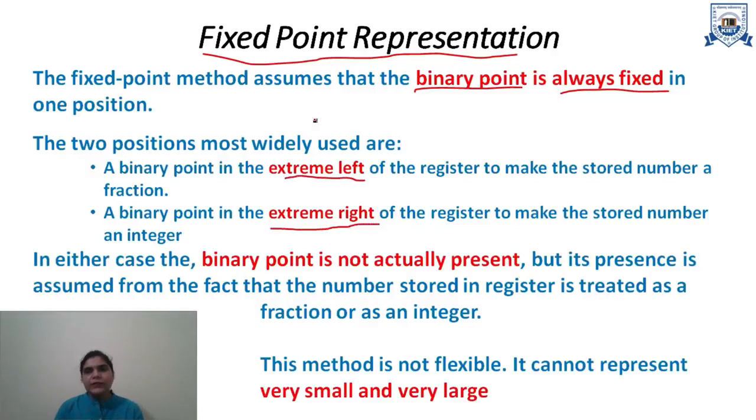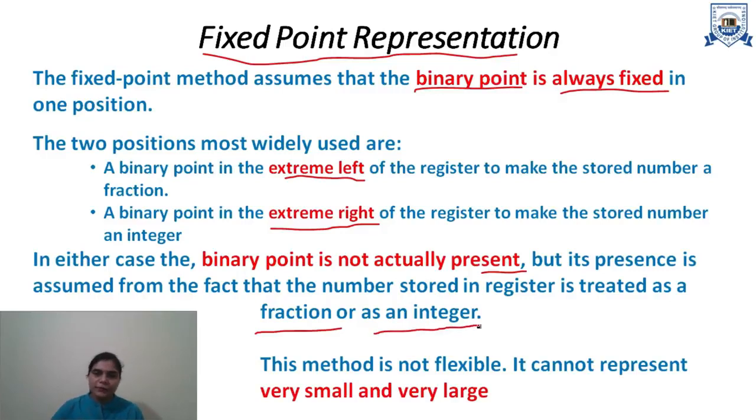In this method, the position of the binary point is kept fixed. The point can be at the extreme left of the number or it can be at the extreme right of the number. In either case, the binary point is not actually present. We do not store the binary point in registers, but its presence is assumed from the fact that the number stored in the register is treated as a fractional number or an integer number.